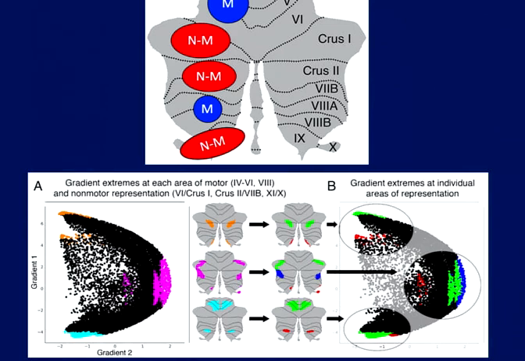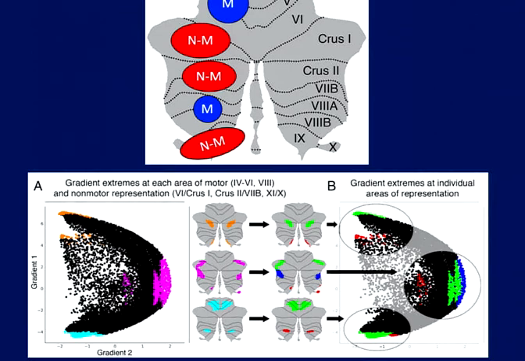Then we can look at a map of the third non-motor representation of focused cognitive processing, shown here in red and mapped here in red, and then of unfocused cognitive processing, shown here in red and mapped here in red. And we can observe that the second motor and third non-motor representations of focused and unfocused cognitive processing all seem to be located at a more central position in this gradient 1, gradient 2 space of cerebellar function.